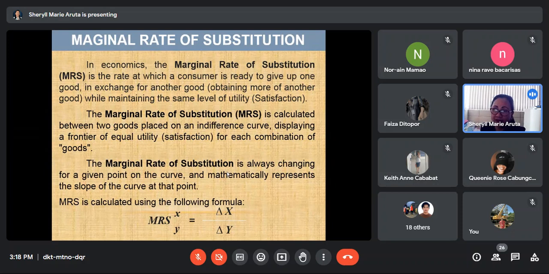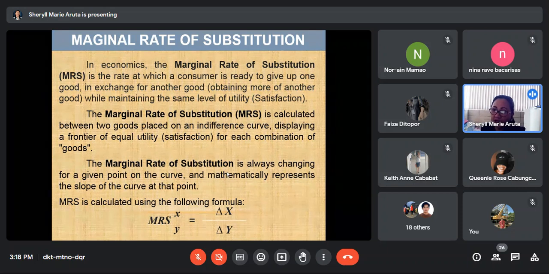That is what he did earlier. So in this marginal rate of substitution, we have a formula we will use to compute the distribution of the combination of goods, supported by the marginal rate of substitution theory.